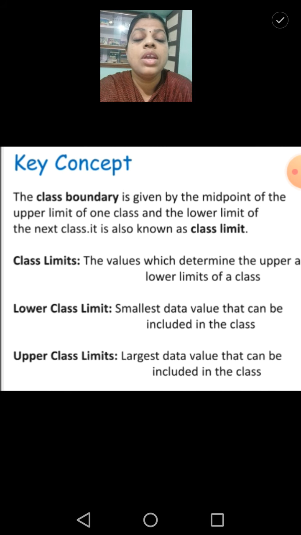So actually we have to find out in the data which are the minimum and maximum values, and we take the minimum value as the lower class limit and the maximum value as the upper class limit. So children, is it okay? The class boundary is given by the midpoint of the upper limit of one class and the lower limit of the next class.